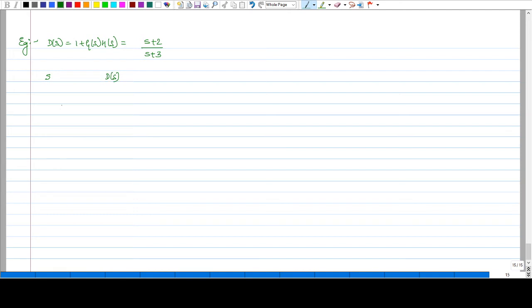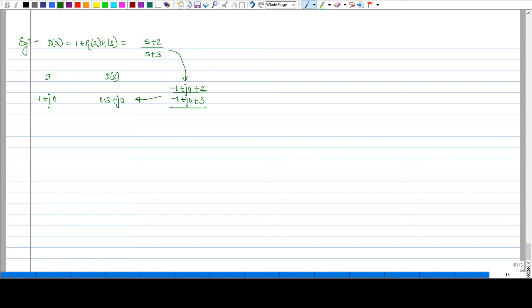First I'll take S equal to minus 1 plus J0. When I put minus 1 plus J0 in the D of S equation, substituting minus 1 plus J0 plus 2 divided by minus 1 plus J0 plus 3, what you get is 0.5 plus J0.